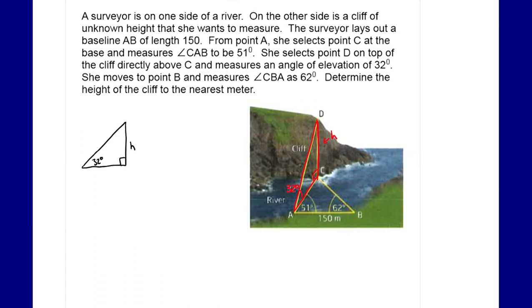If I look at my diagram, I do have another triangle. Again, the triangle formed on the ground between the 2 points on the side that she's at and the point at the base of the cliff on the other side. So I do see those two triangles. I do have some information there. The two angles, 62 degrees. Maybe that's not the best. I'll go over it just in yellow.